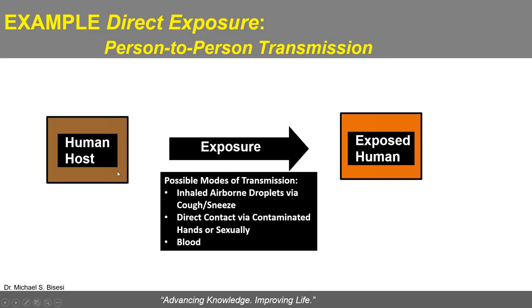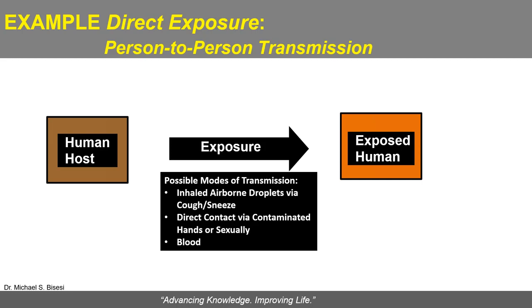For example, if it's the influenza virus and there's close enough proximity, a cough or a sneeze, the droplets can contain the virus, the air becomes contaminated, and then potentially inhaled, and now the receiver becomes exposed. And if that agent now proliferates and colonizes, they've become infected.